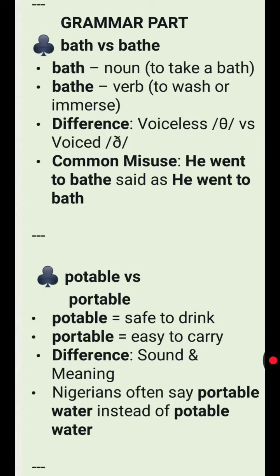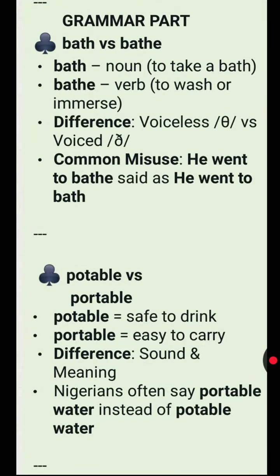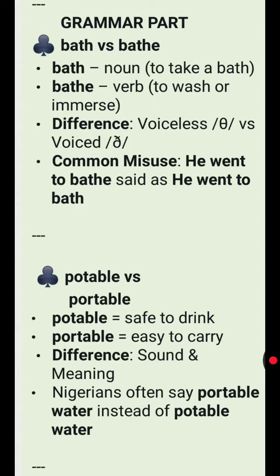But when you say clothe, it's a verb. Note it, clothe, spelled as C-L-O-T-H-E, a verb. But cloth is a noun. So that is something similar to the study of bath and bathe.